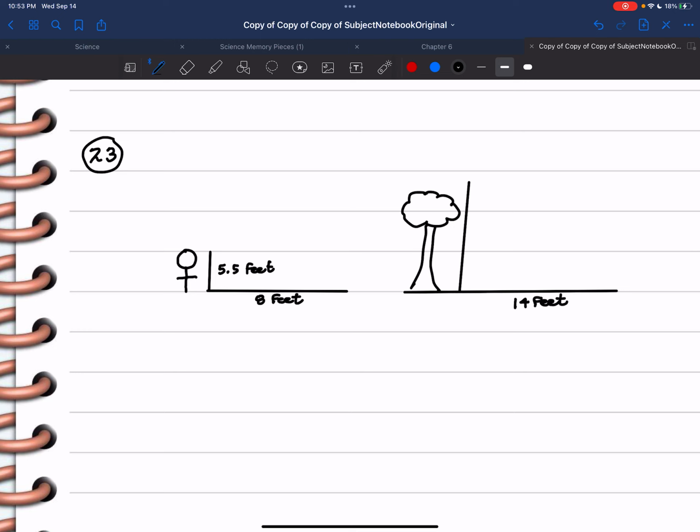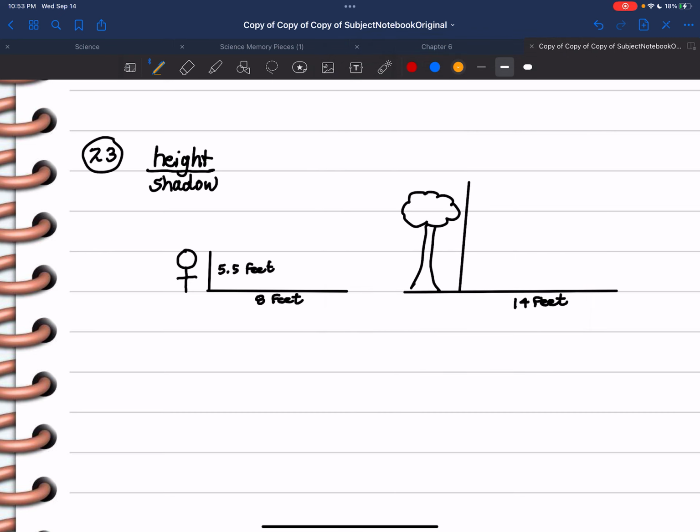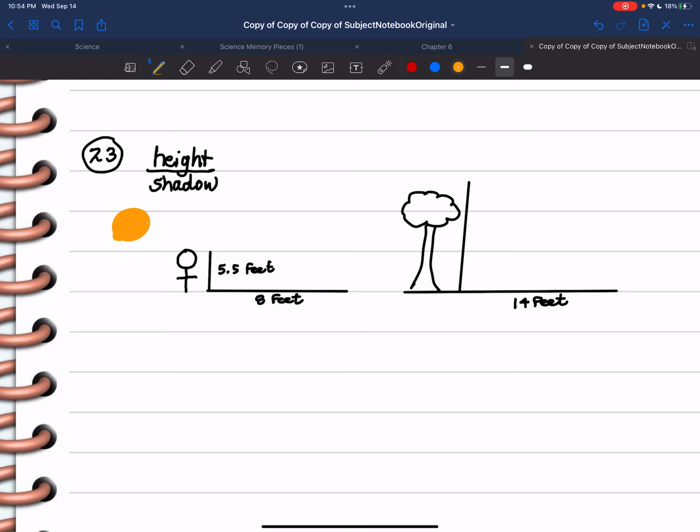And we want to know the height of the tree, assuming the ratio of height of an object to its shadow is proportional, so they're saying that height over shadow. And let me just go ahead and put in the sun for you, just so you can visualize this. Here's the sun. You can see how this has practical applications to science.